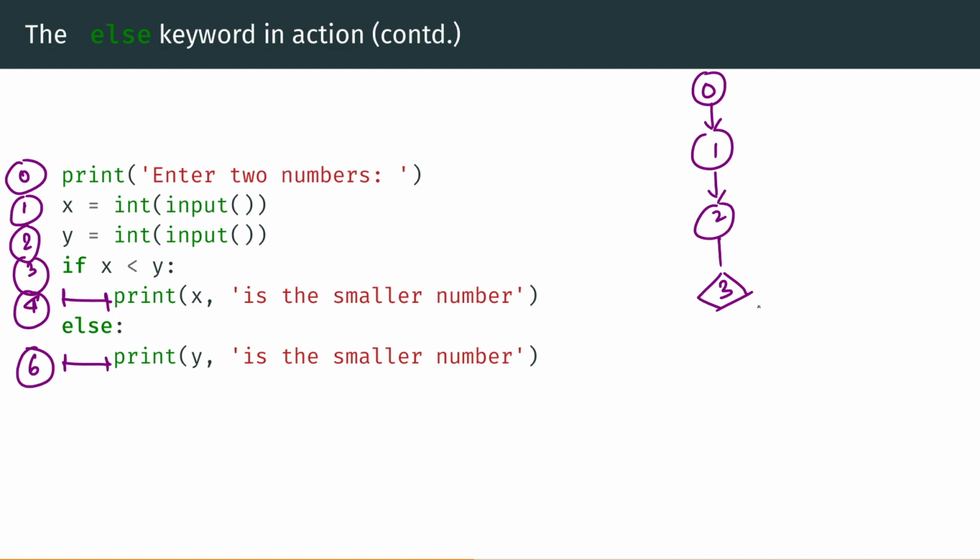If x is less than y, if this is true, then we go to 4, and if it's not true, then we go to 6. So that's how our program looks.